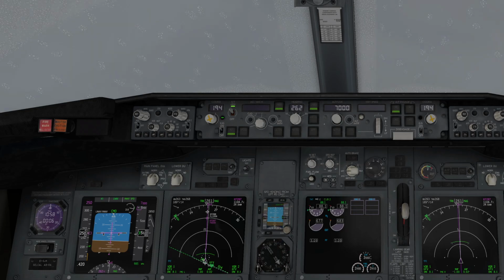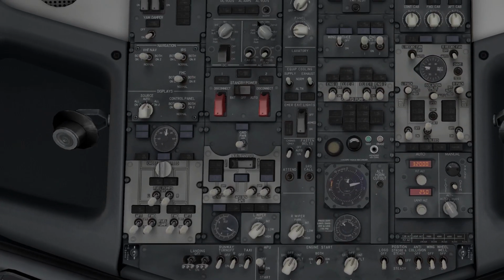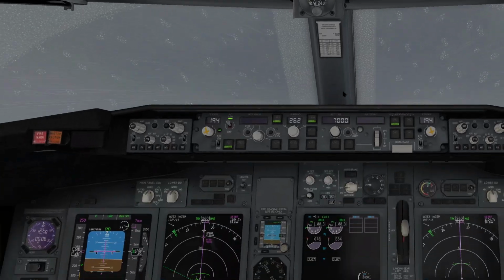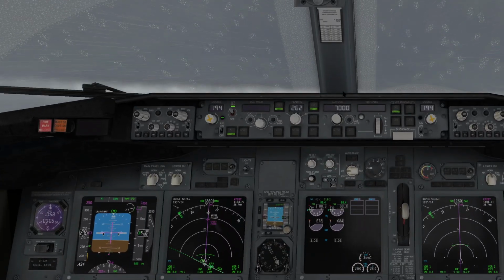Keflavik now 8 nautical miles. Temperature +4, so engine anti-ice required, especially in this rain.